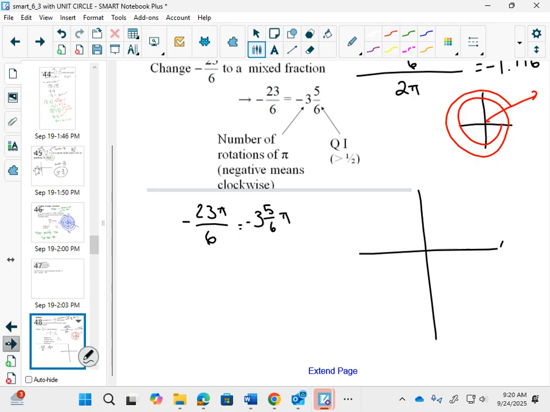So would you agree that this is 0, all the way around is 2 pi, and halfway around is pi? And if you keep going, pi, 2 pi, does it make sense? This will be 3 pi, then this will be 4 pi, coterminal. And then this will be 5 pi, and this will be 6 pi. You start to notice a pattern that this is always odd pi, and this is always even pi.